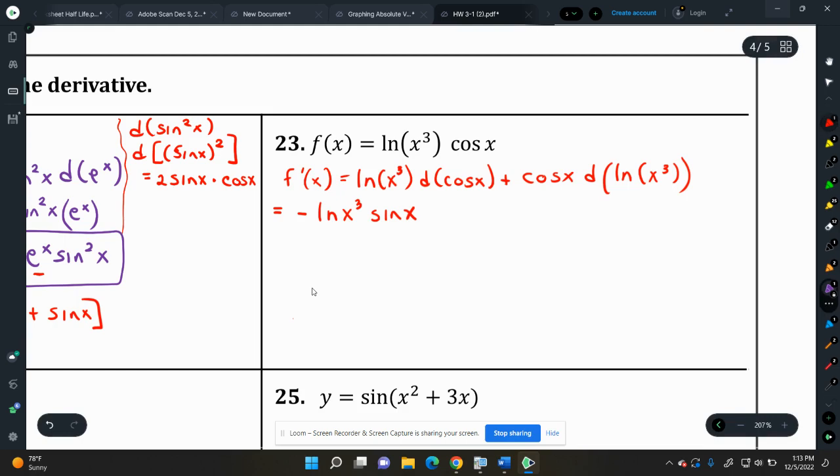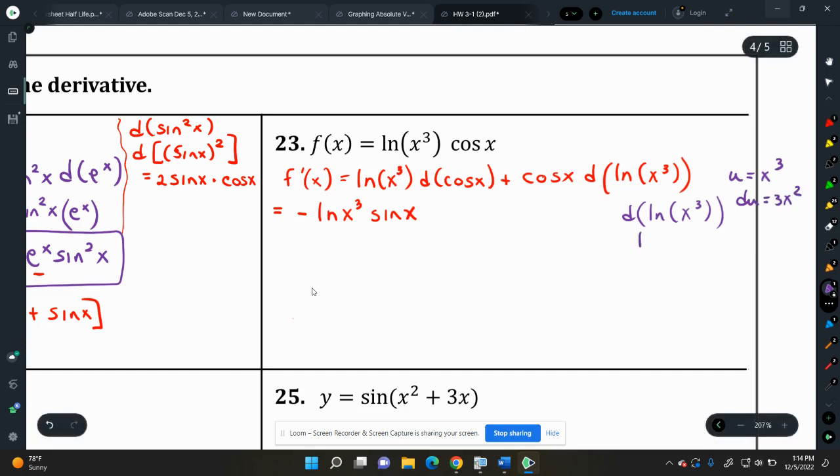Now we need to work with this whole derivative of natural log of x to the third. U sub or outside inside? U sub is kind of what I was thinking too. Okay, so I'm going to say u equals x to the third. So du equals 3x squared.